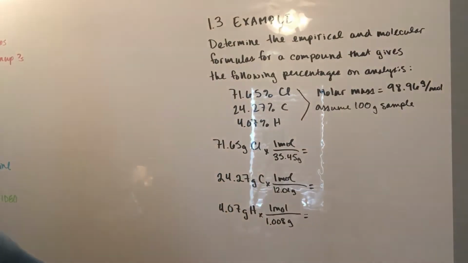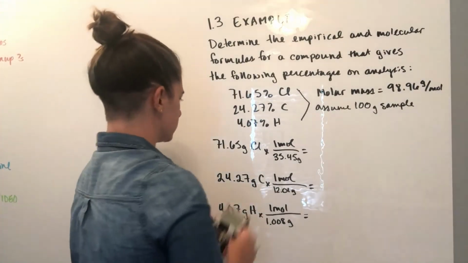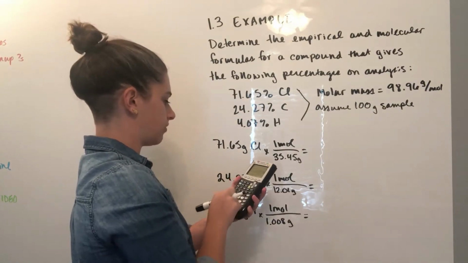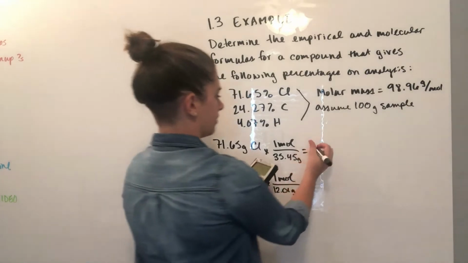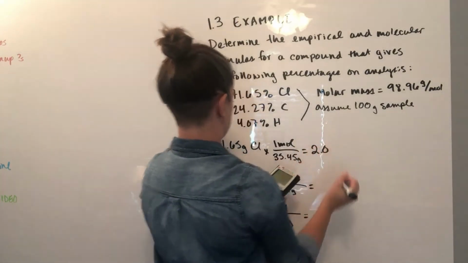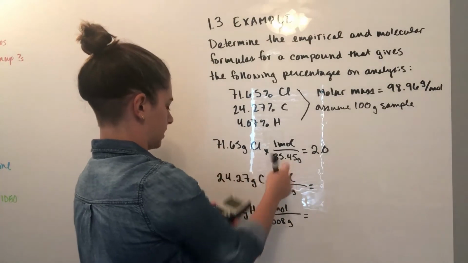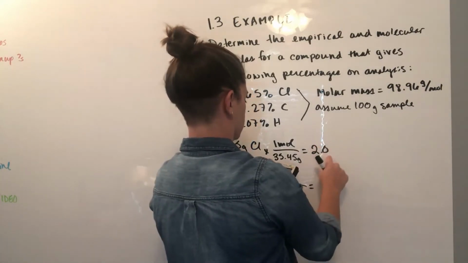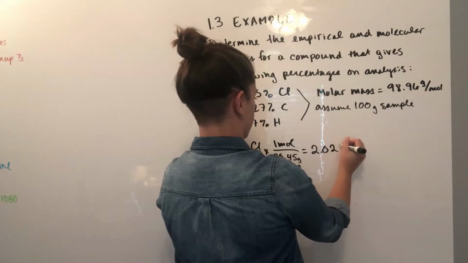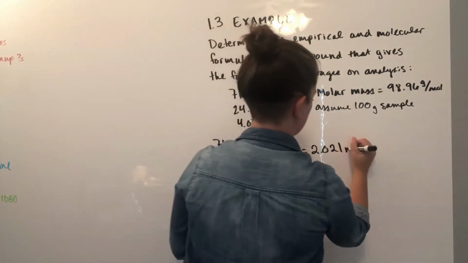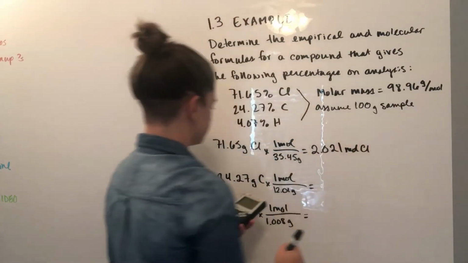Okay, I cannot do that math in my head. So 71.65 divided by 35.45 gives me 2.021. I'm going to keep 4 significant figures here. So that's 2.021 moles of chlorine.